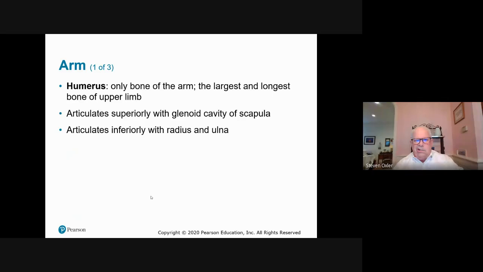The humerus is the only bone of the arm. It is the largest and longest bone of the upper limb. It articulates with the glenoid cavity of the scapula, making the glenohumeral joint, and it attaches inferiorly with the radius and ulna at the elbow.